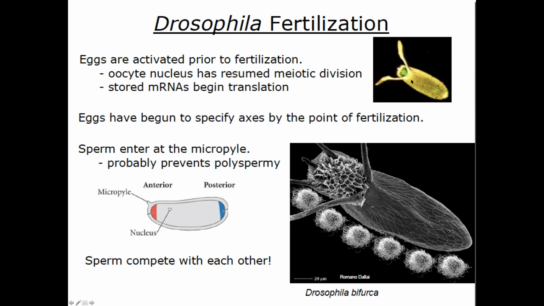But here in the Drosophila egg, if you see the two tentacles that I'm pointing out here, that is called the micropyle. And it is through the micropyle that the sperm entry happens. So it's already decided that this is going to be the axis of fertilization, and this is the axis of entry.